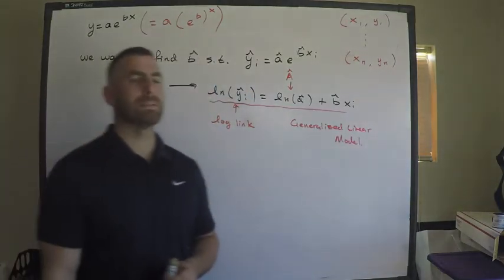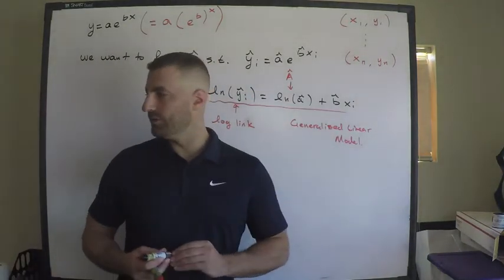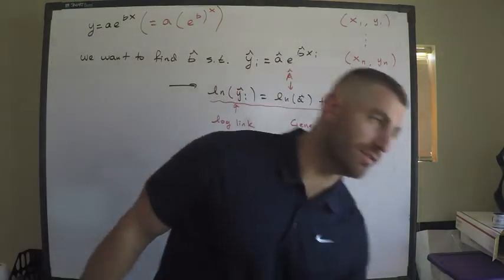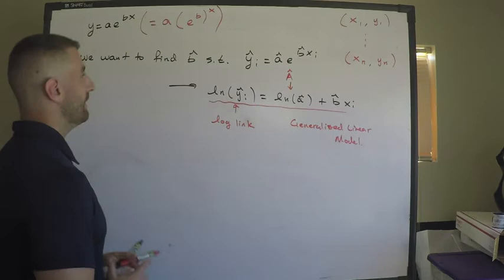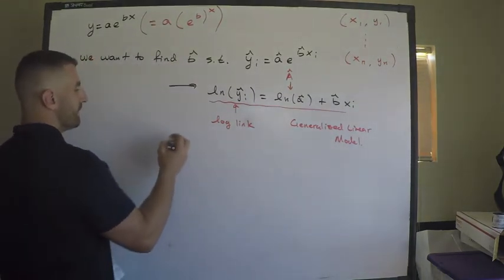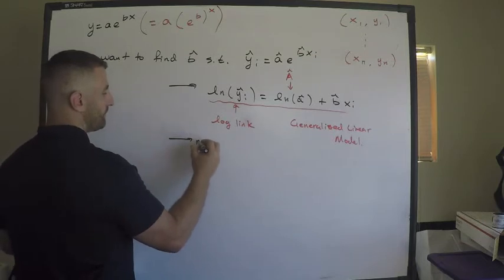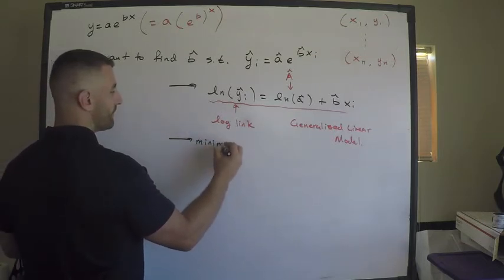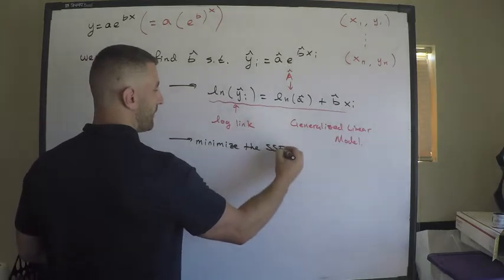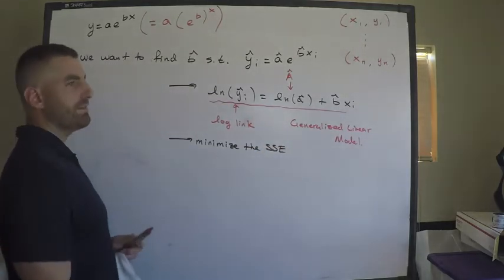So what we want to do is minimize the sum of squares error. If you just think about this intuitively, I think it makes a lot of sense. What is the sum of squares error?